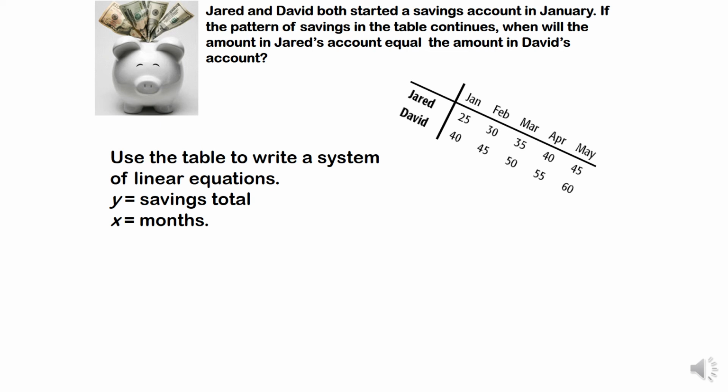Since we're talking about special systems, we'll probably work with that. So Jared and David both started a savings account in January. If we were going to put these in slope-intercept form, this would be the y-intercept because this is where they started. So we're going to go Jared, okay, and we've got y equals, and what is Jared adding?